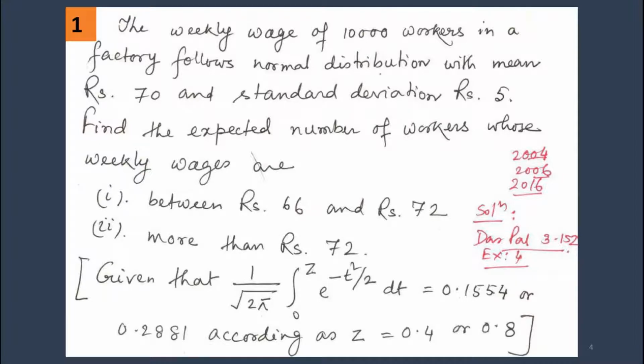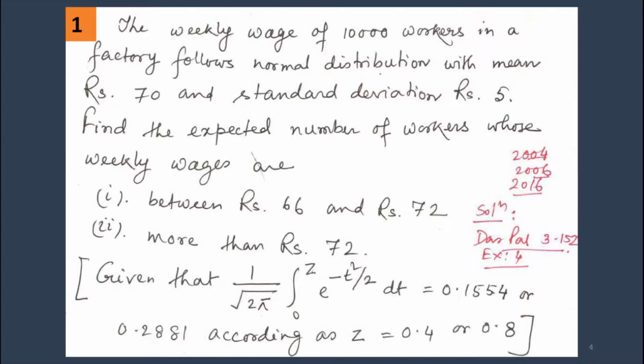Here, mean is given as rupees 70 and standard deviation given as rupees 5. Mu is 70, sigma is 5, and we have to find the expected number of workers whose weekly wages are between rupees 66 and rupees 72.